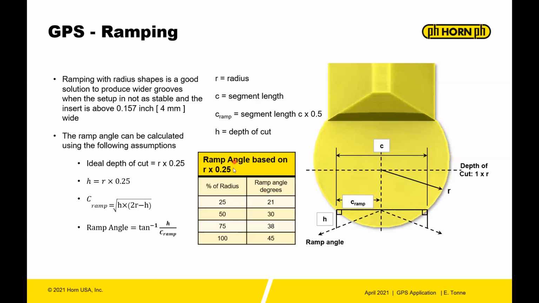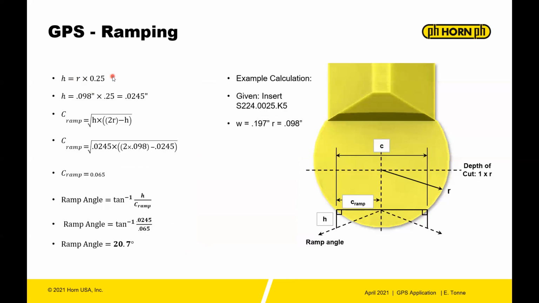The cheat sheet version, by percent of radius: if you have 25% of your radius, your ramp angle is 21 degrees. If it's 50, it's 30, 75 is 38, and 100% it is 45 degrees. So that's your ramp angle if you're maintaining this depth.